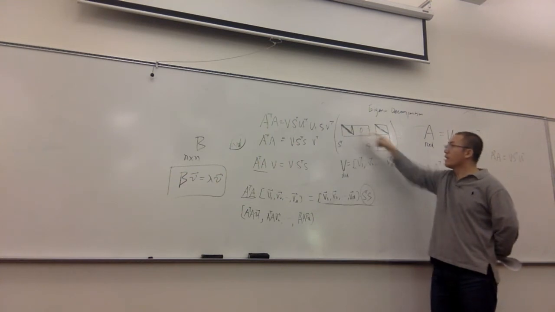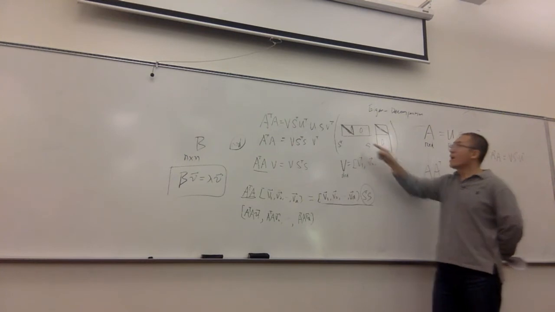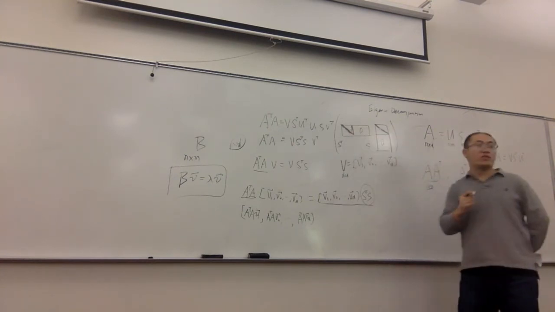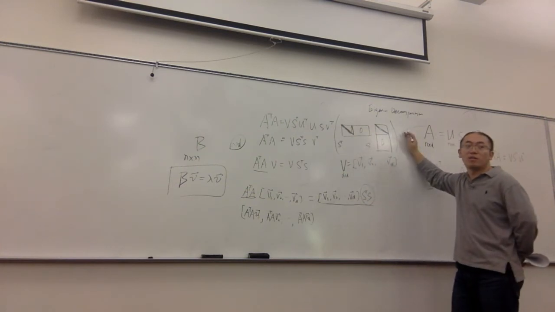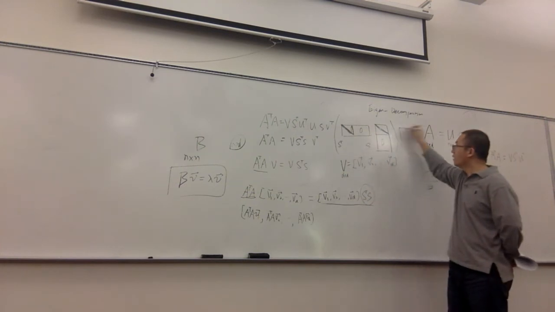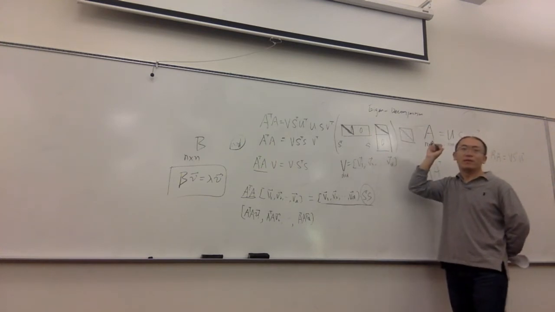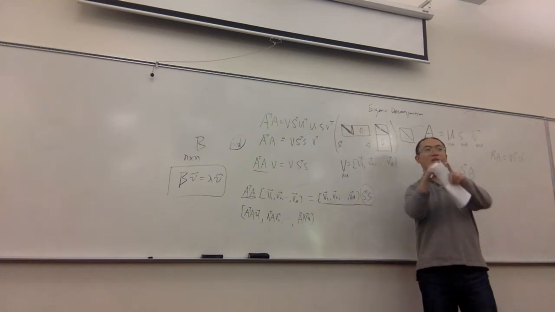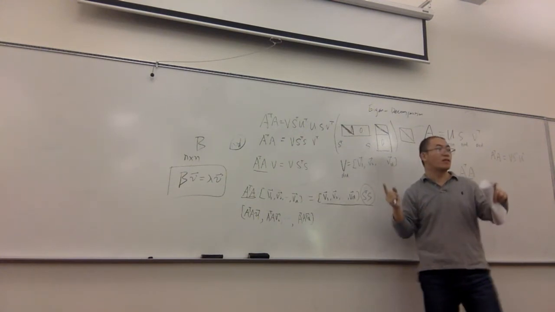What's the product between this element and this element? Simply 0. And what is the product between this and this? It's a simple square matrix, and each element is a square. When you multiply two diagonal square matrices together, you are just multiplying their diagonal elements. You can check that.